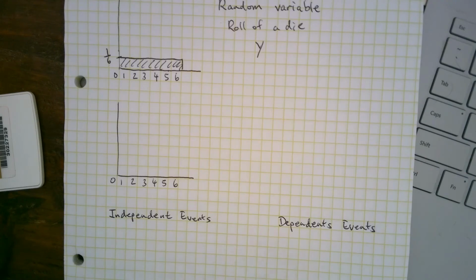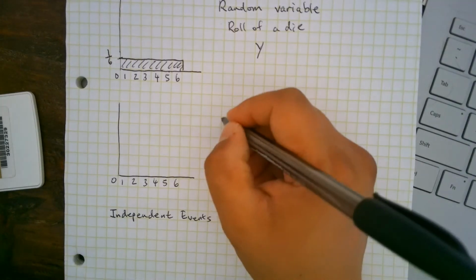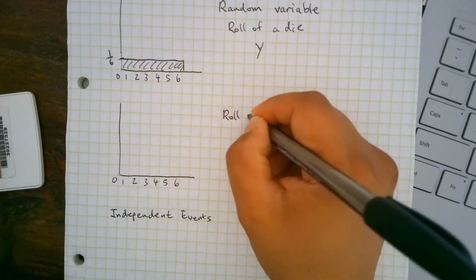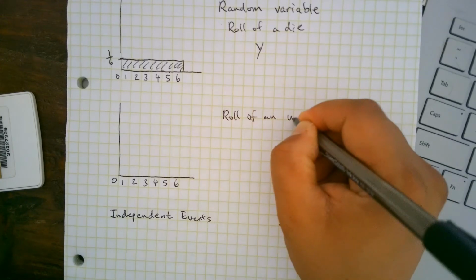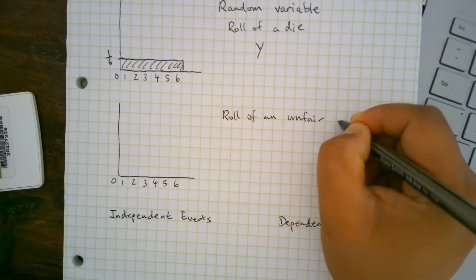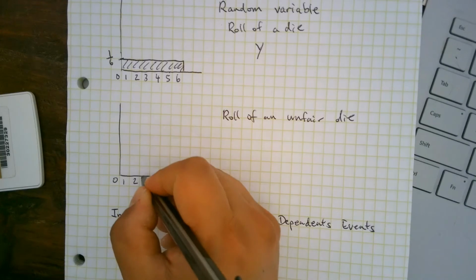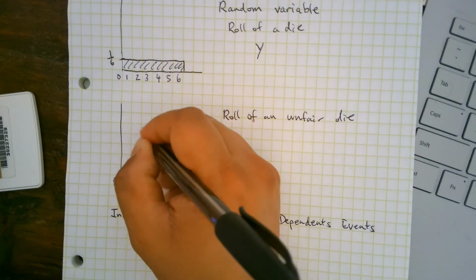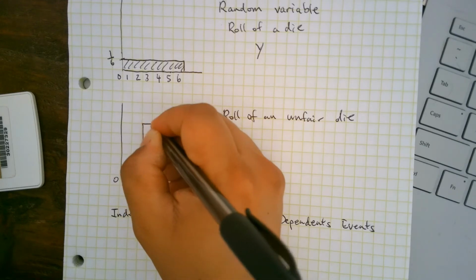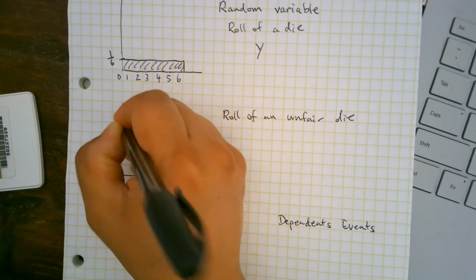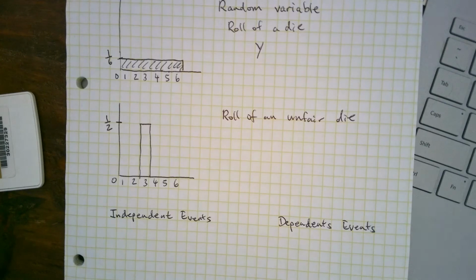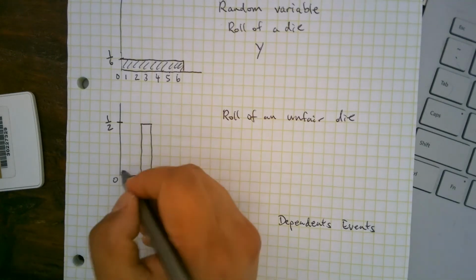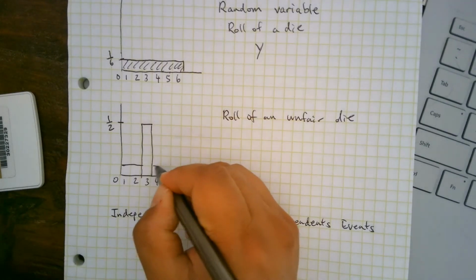Okay, another random variable, we could have a roll of an unfair die. Also fine. Let's say I really like the value 3. I'm going to roll 3. Let's see how tall I want to make this. Scale doesn't really matter. I can redecide scale on every problem. I'm going to roll 3 with probability 1/2, and every other number with probability 1/10.